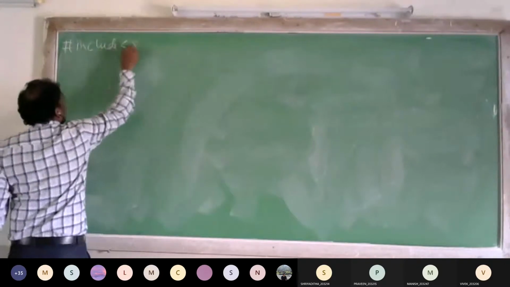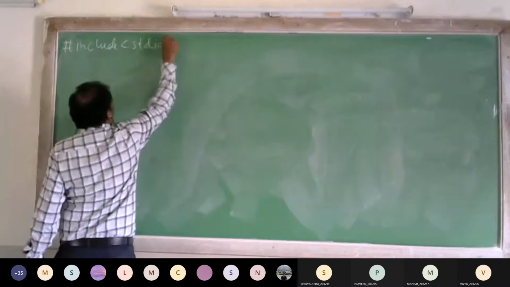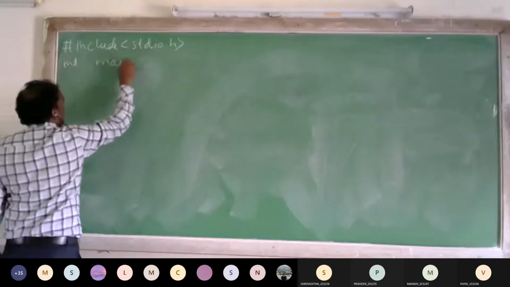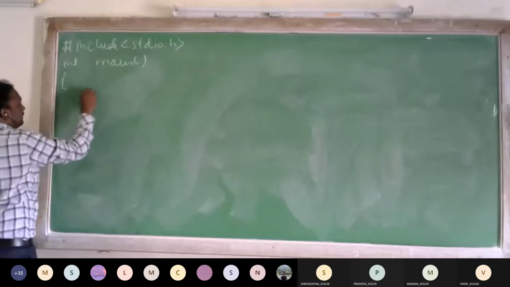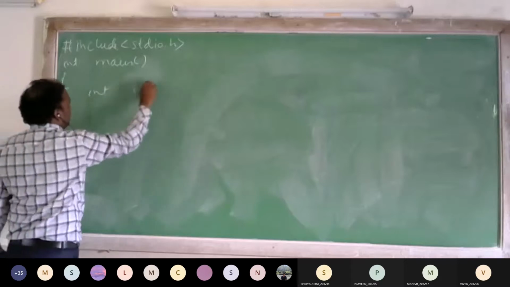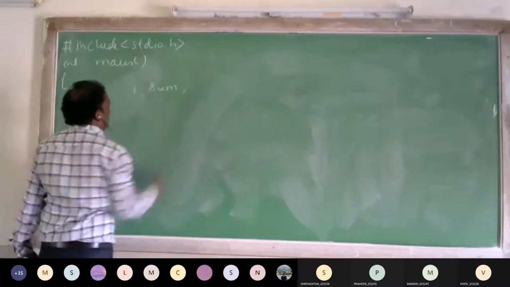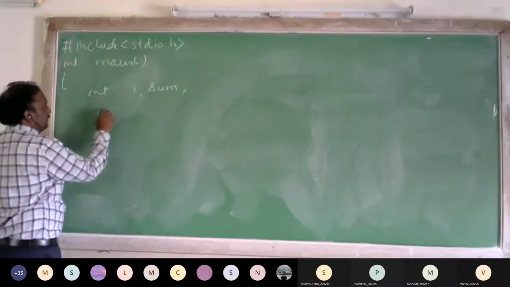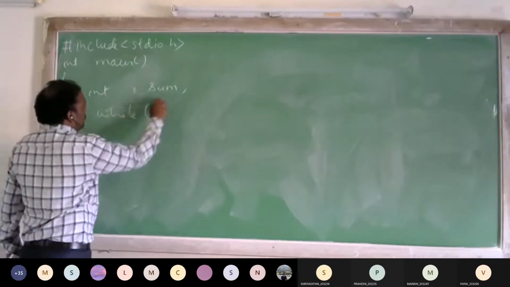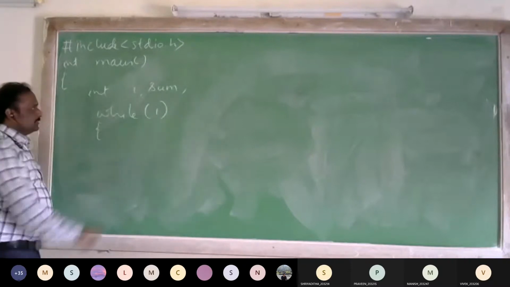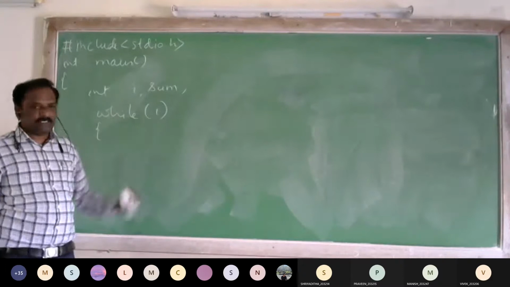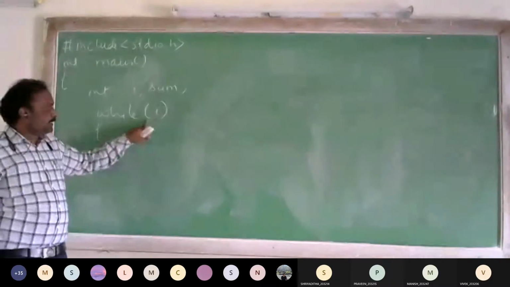Include stdio.h, int main, int i, sum. Here I am using the while loop. While of 1. We know any number other than 0 is always true, so while of 1 is true.